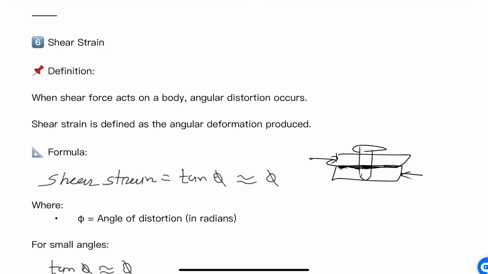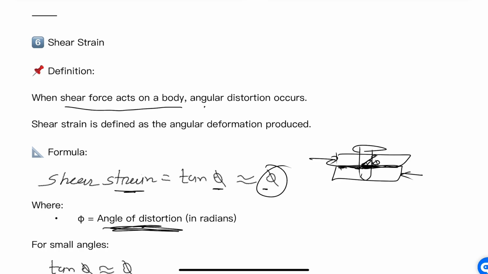Due to this shear stress, strain is generated, which has some angle phi, like this. So the phi is the angle of distortion.